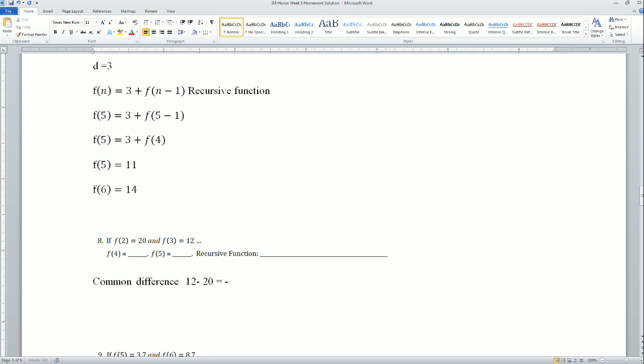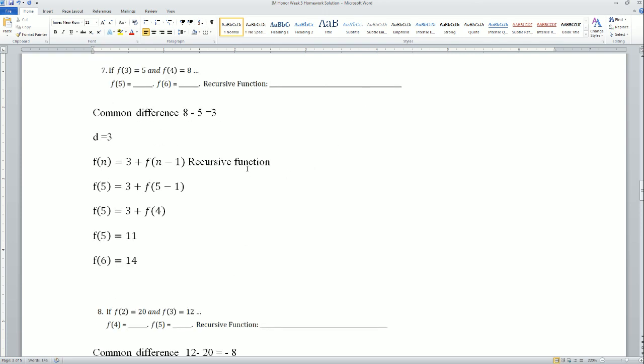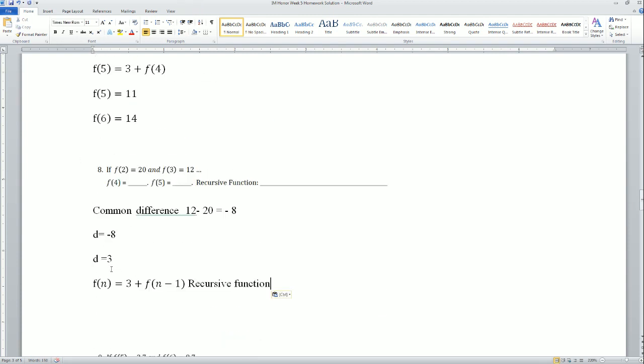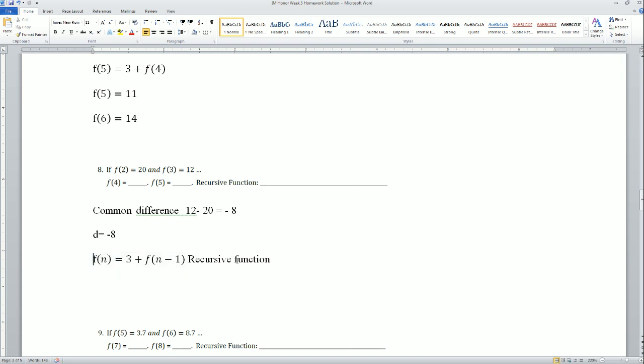So here, I'm going to write my common difference is going to be negative 8. Bring down the recursive formula. The recursive formula is given exactly like this. So, what do I plug in for D here, which is a common difference? I'm going to plug in negative 8. There you go. That would be the recursive formula function for number 8.